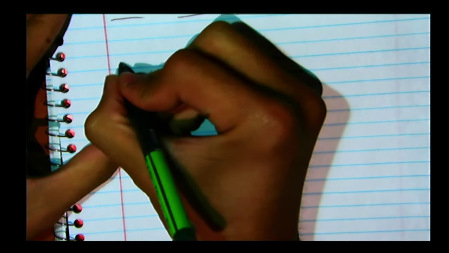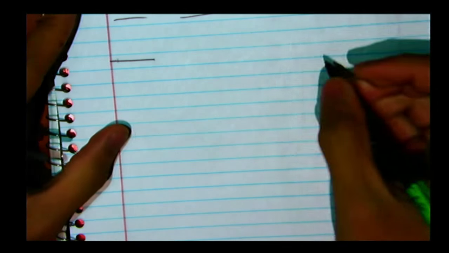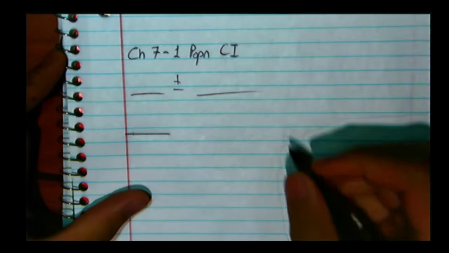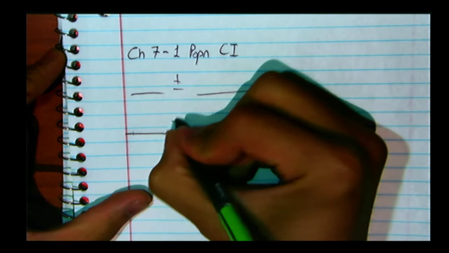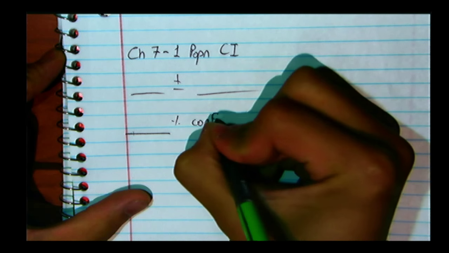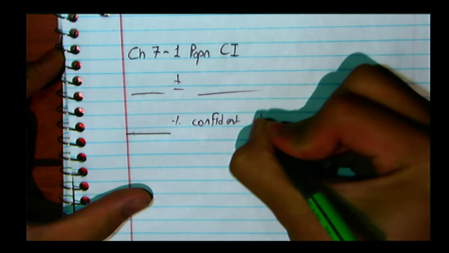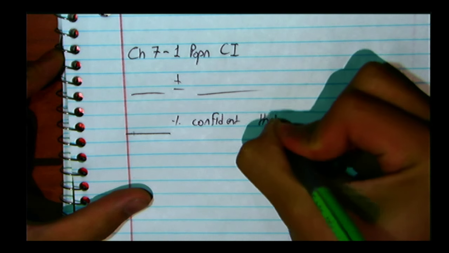And what we're saying here is that we're blank percent confident that the true value, the true mean or the true proportion, is between these two numbers.